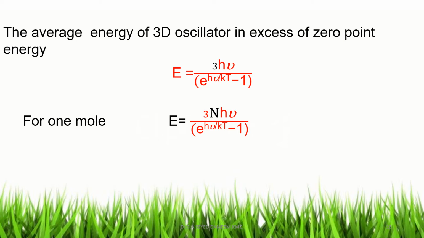So for 1 mole, E is equal to 3N h nu divided by e power h nu by kT minus 1, since the previous equation is multiplied with the Avogadro number, capital N. That is the total energy of 1 mole of solids according to Einstein: E is equal to 3N h nu divided by e power h nu by kT minus 1.